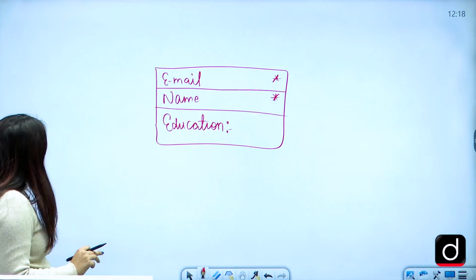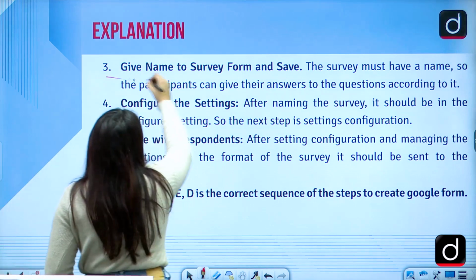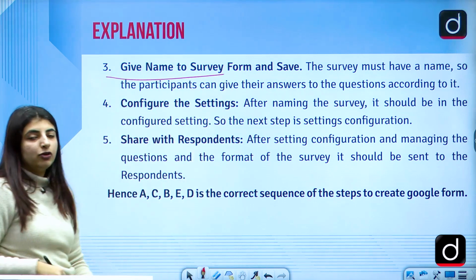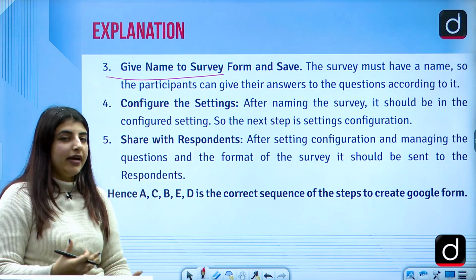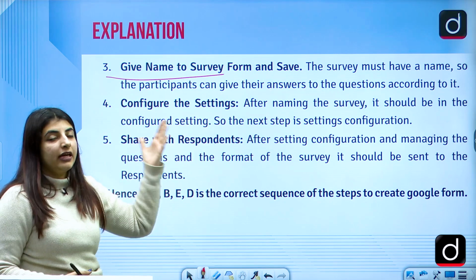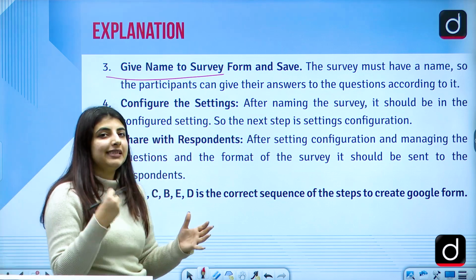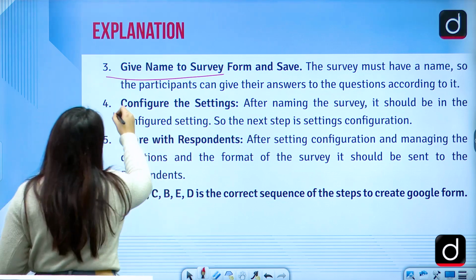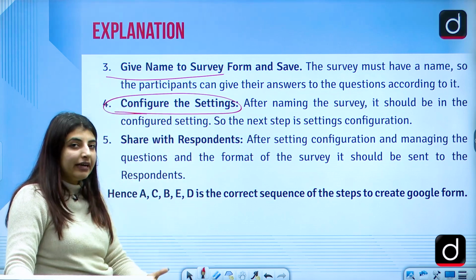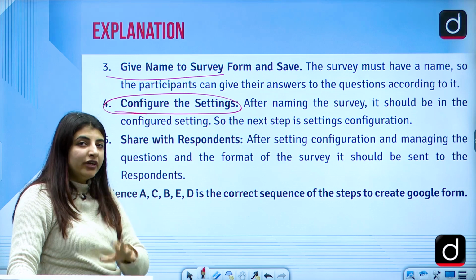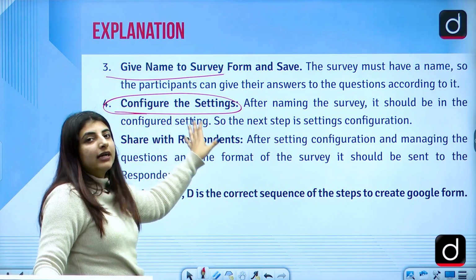Third step, give a name to the survey form and save. If you want to conduct a survey on the people who like eating oats, you will name the survey, name the Google Form, and then you will save it. Correct? Then configure the settings according to how you are going to send it. You need to save certain settings for the Google Form.